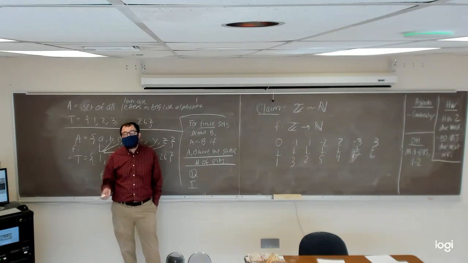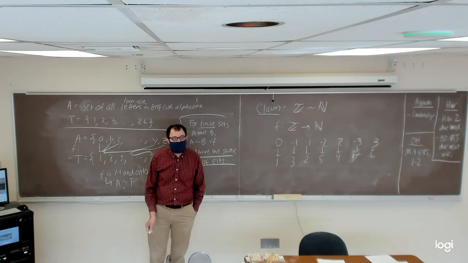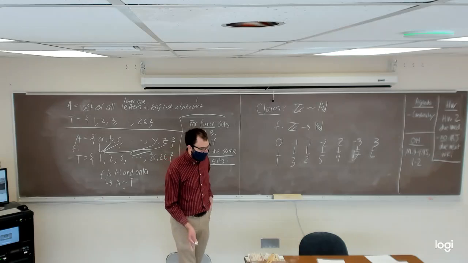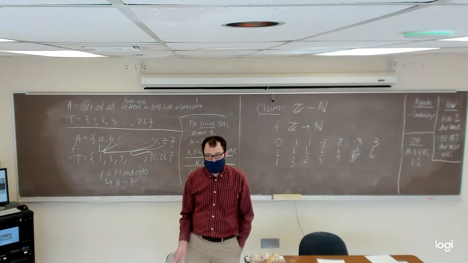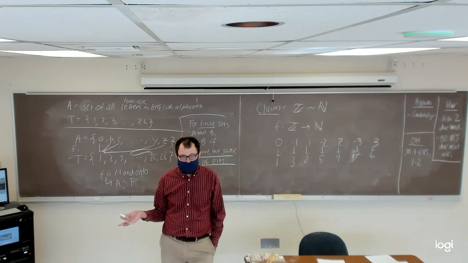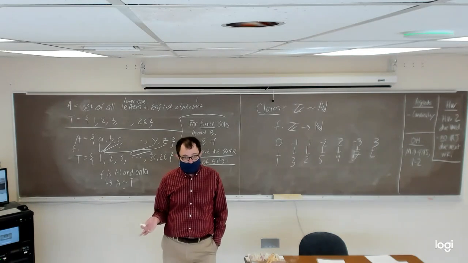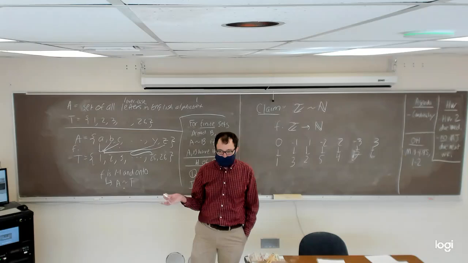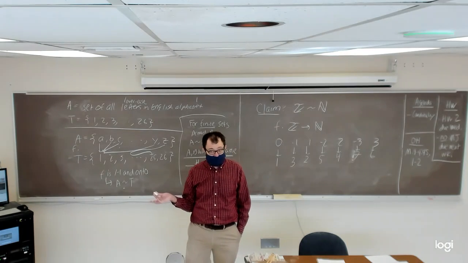So moral of the story is counterintuitive stuff happens when we talk about the size of infinite sets. If I were to start with a set with 10 elements and I wanted to double the amount of things in that set and then add 1, that set's getting bigger. A set with 10 elements versus 21 elements is not the same size.